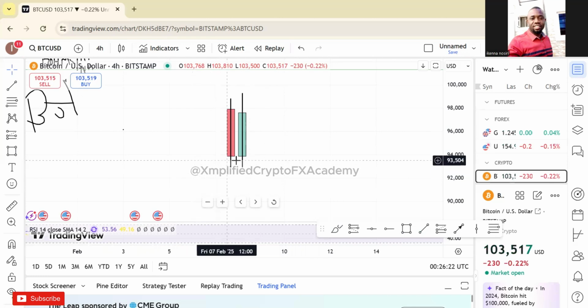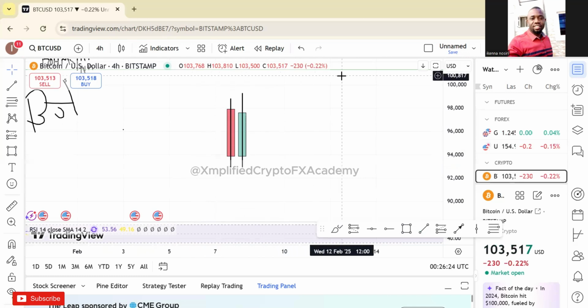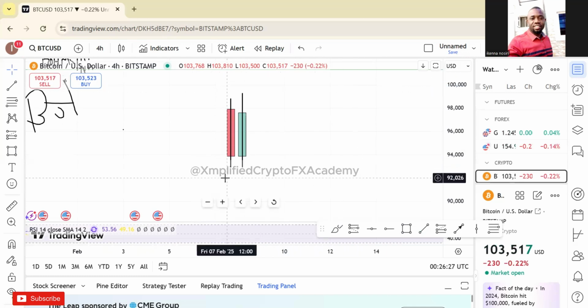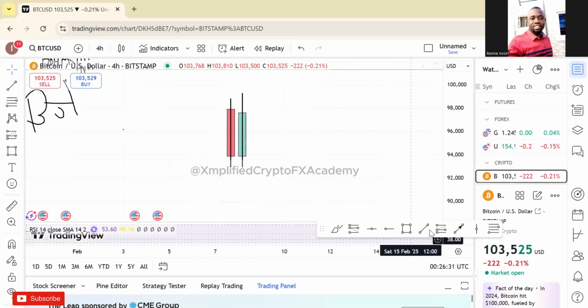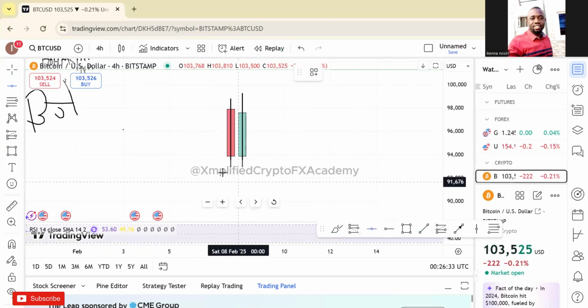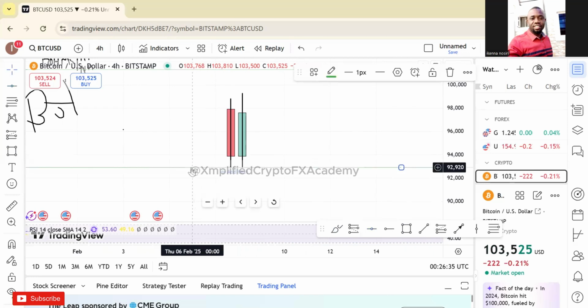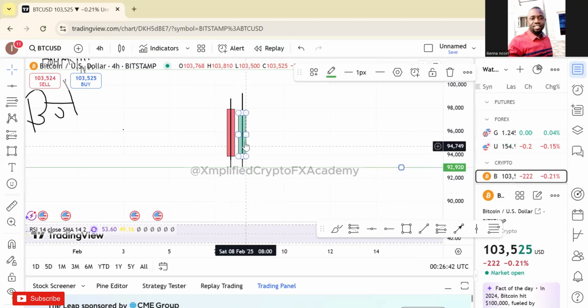When you see this kind of pattern on charts, it tells us the following. These lows are almost equal, so they are forming a support.